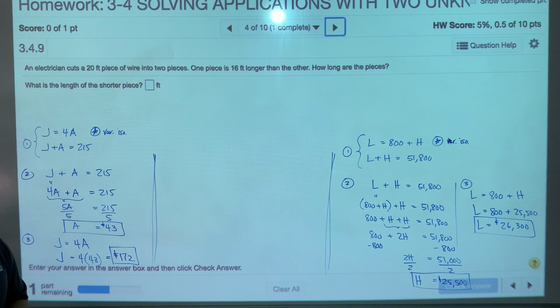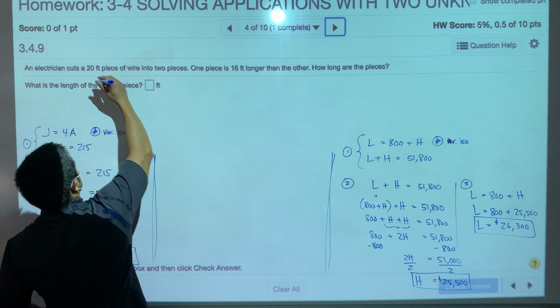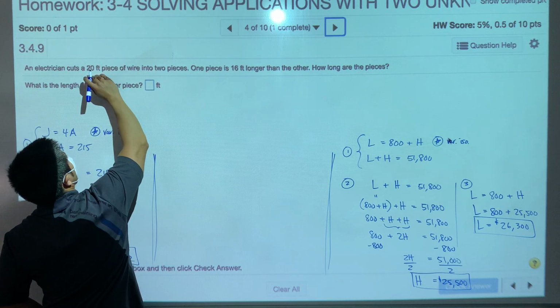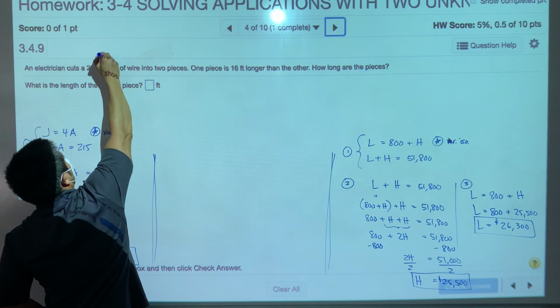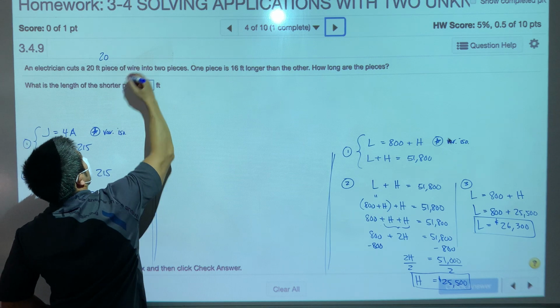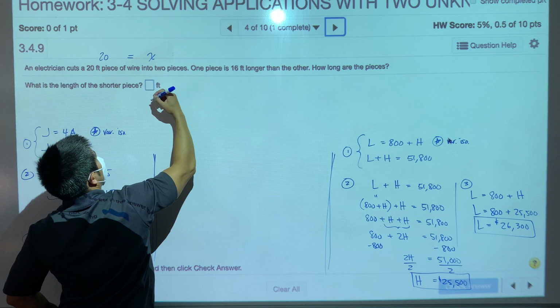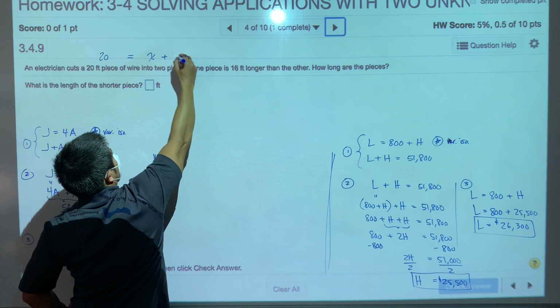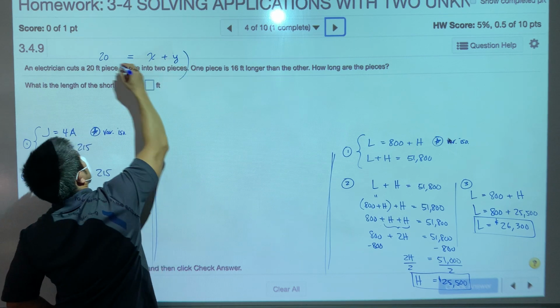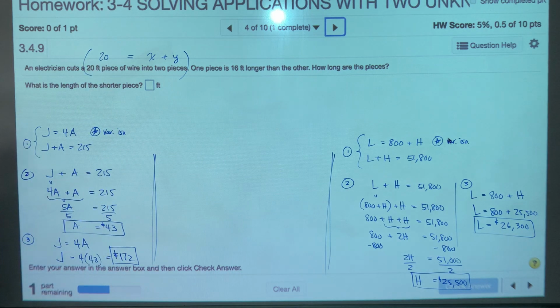That says a lot, actually. So take a look here. So we have a 20-foot piece of wire, and it's going to get cut into piece number 1 and piece number 2. Now this is a little bit tricky to see, so I'm going to help you with that.